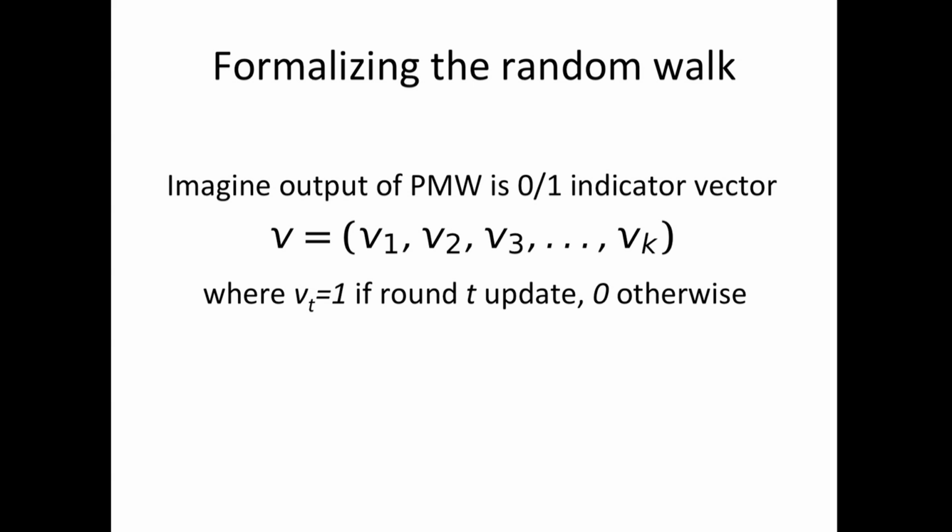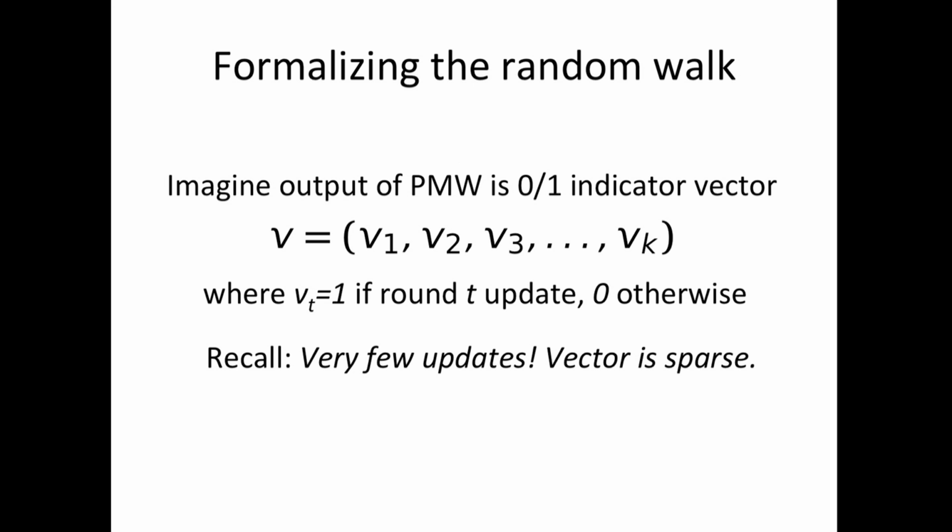The intuition was really that this vector is very sparse. It contains very few ones, just because the ones are only in the update rounds and everything else is 0. So it's a very sparse vector. And we're going to use the sparsity to our advantage and argue that this vector actually satisfies epsilon-delta differential privacy. Okay? So this is a simplification.